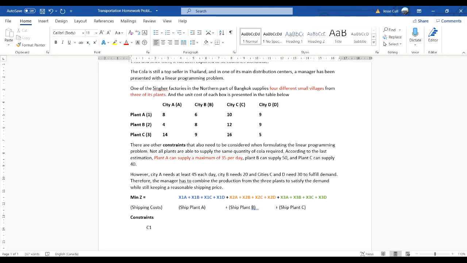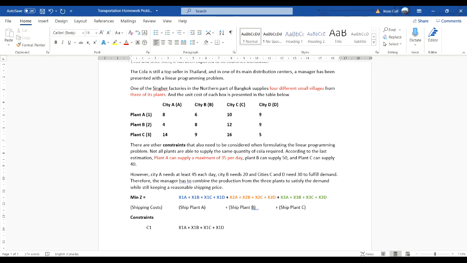So, looking at plant A, it can ship to X1A, and that's our shipments here, city and plant, X1A, plus X1B, and that's up here, 1B, plus X1C, right here, plus X1D.